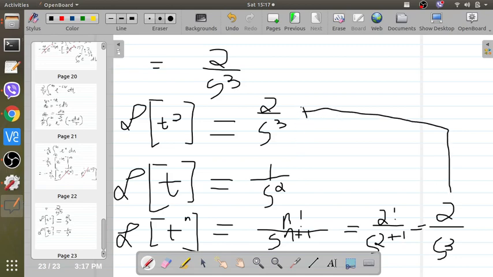So, no need to use the table; using this formula, whenever you see f of t whose value is t raised to the power of n, you can solve it using this formula.